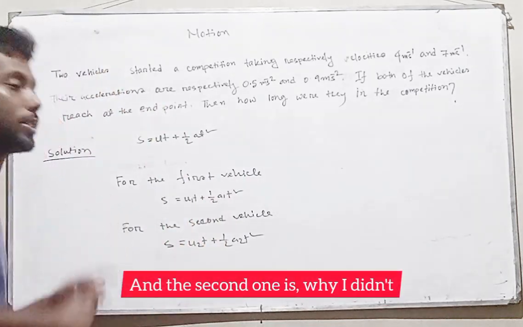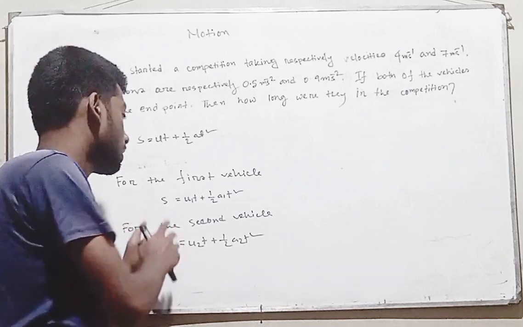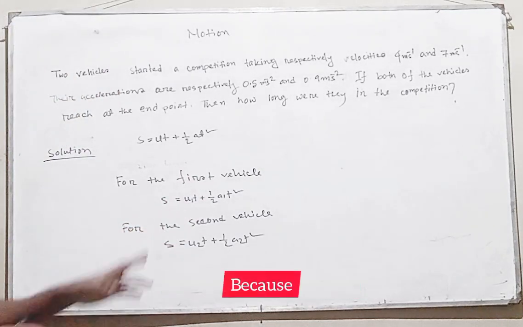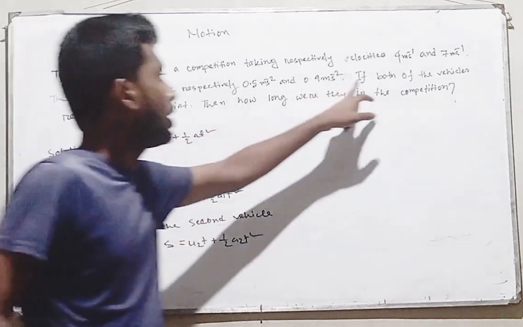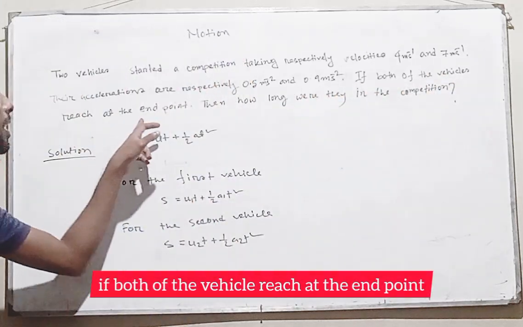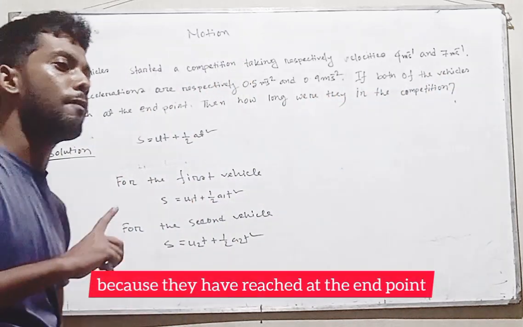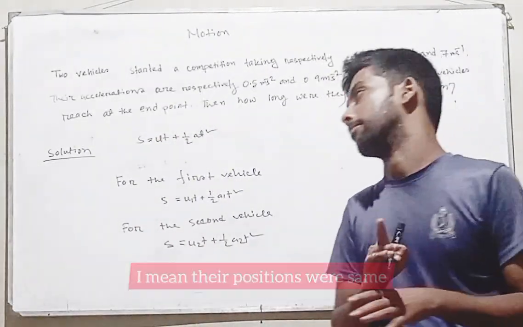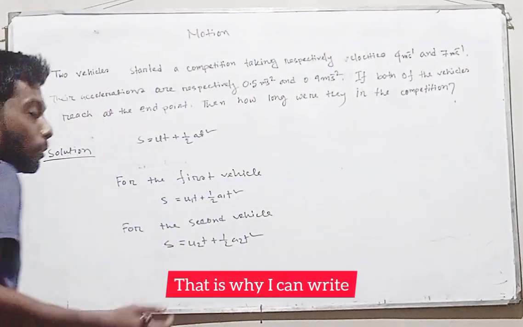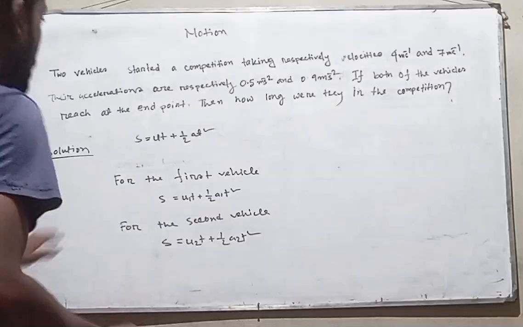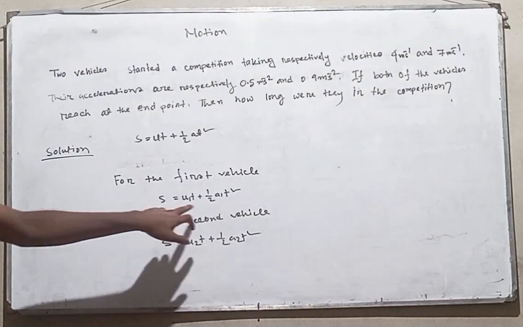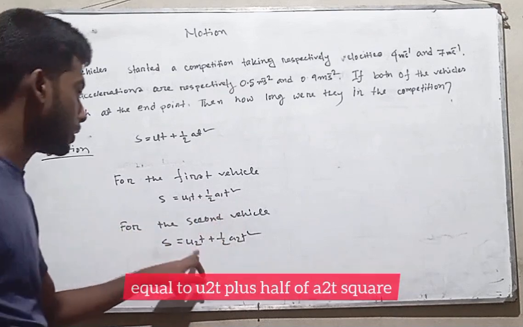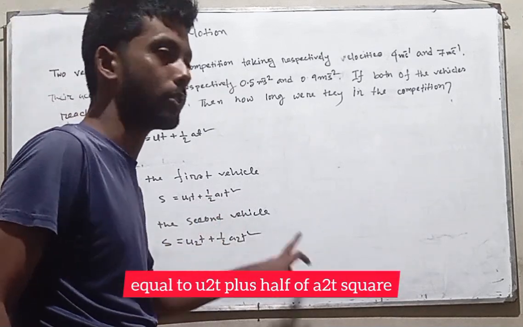And the second one is h. Why I didn't denote it as S1 or S2? Because if both of the vehicles reach at the end point, I mean their positions are same. That is why I can write h equal to u1t plus half of a1t squared, h equal to u2t plus half of a2t squared.